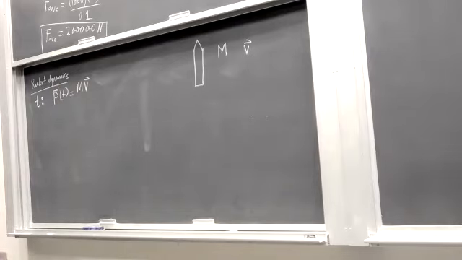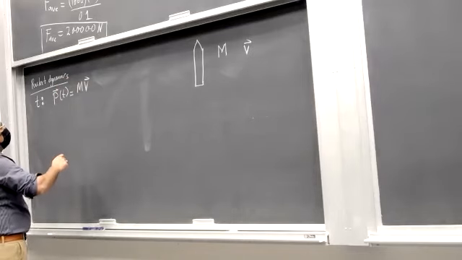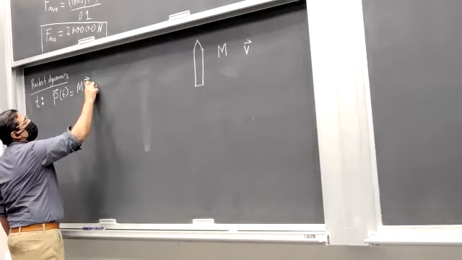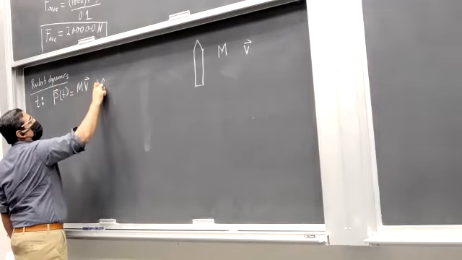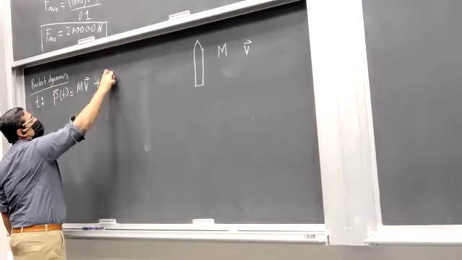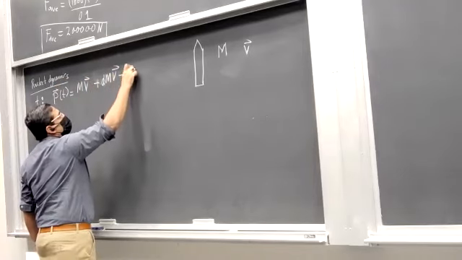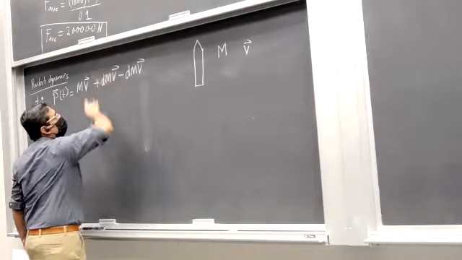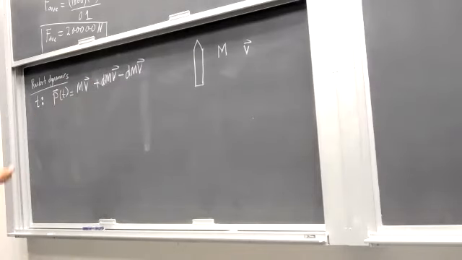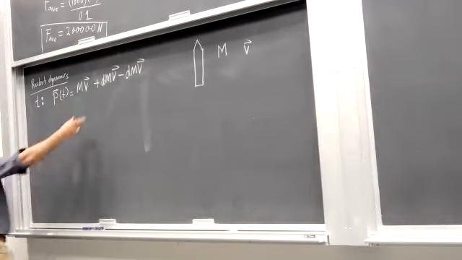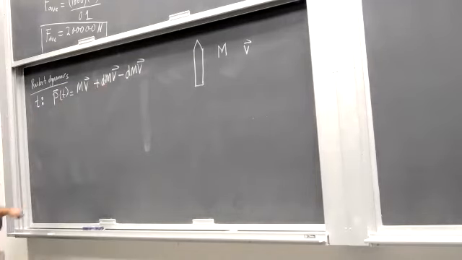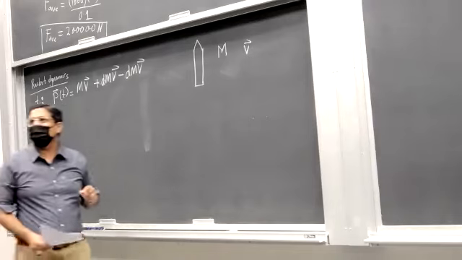For later consumption, can I also write it like this, plus dm v minus dm v? Doesn't change anything, right? Because these two terms just add up to zero. So that is the momentum of the rocket the moment we start looking at it.